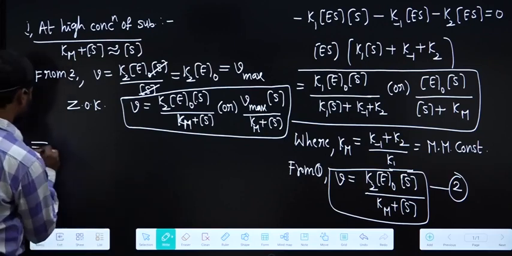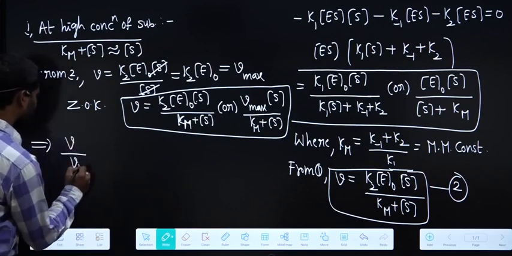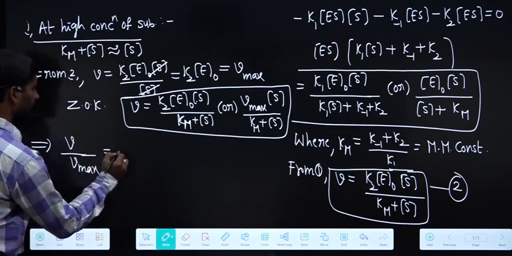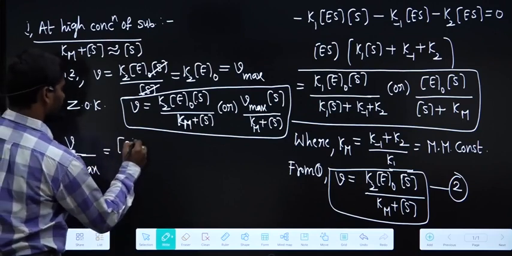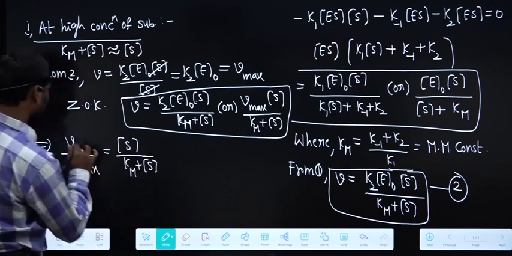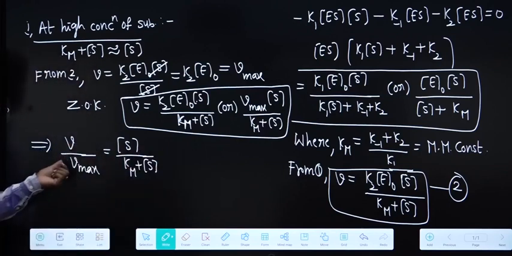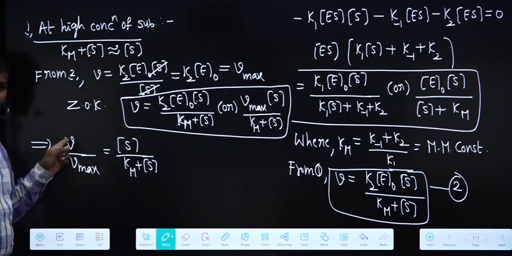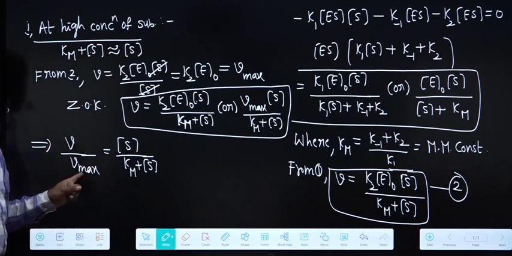So from this, the expression for V by V max is concentration of S by Km plus concentration of S. The importance of V by V max is, this is rate at a particular situation. This is rate at high concentration of substrate, maximum rate.